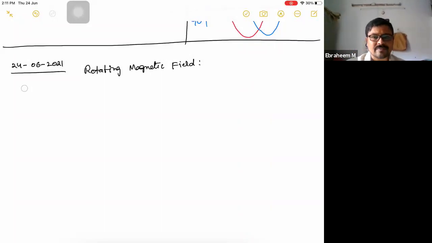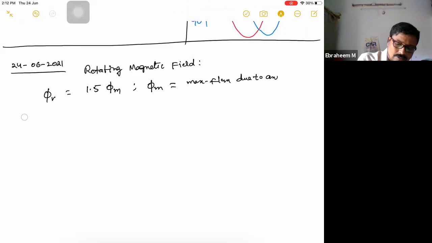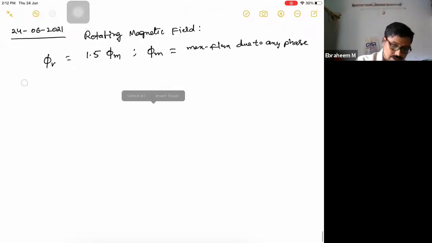A permanent magnet, if you rotate it with a certain constant speed, then its field also rotates with the magnet. So it is like that only. So the rotating magnetic field has magnitude phi suffix r equal to 1.5 times phi maximum, where phi maximum is the maximum flux due to any phase.